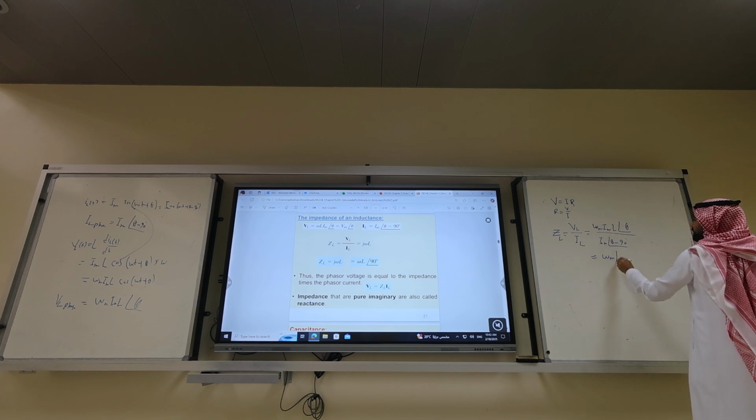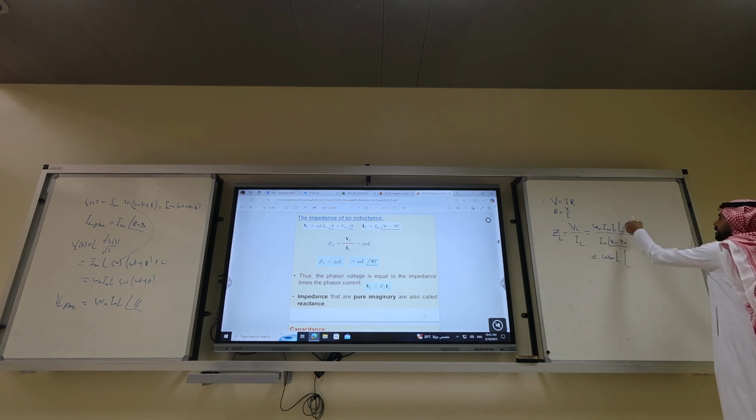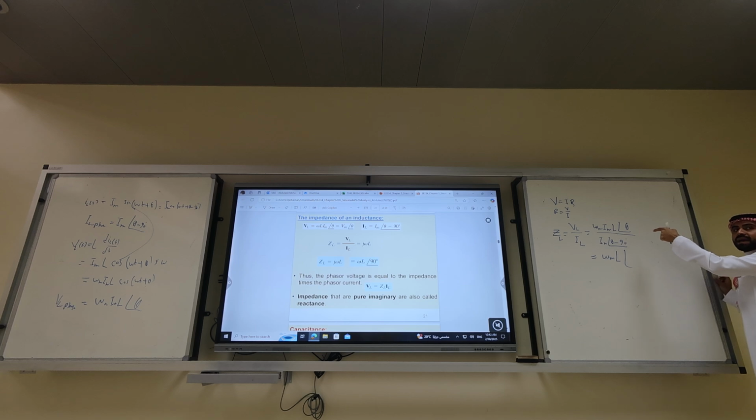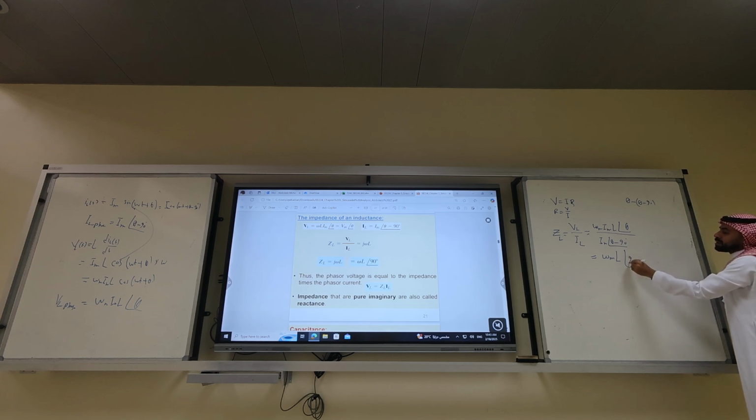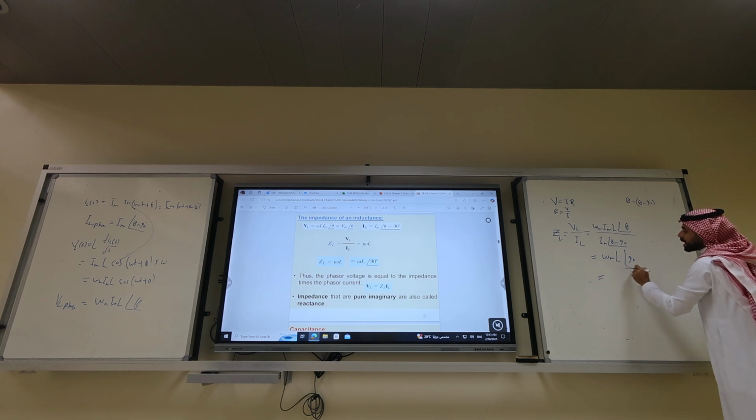Omega M times L, angle of... In dividing phasors, you subtract the angles, theta minus 90, that's why it's easier. Then it will be angle of 90. Angle of 90 is nothing but the number J. So it will be J omega M times L.